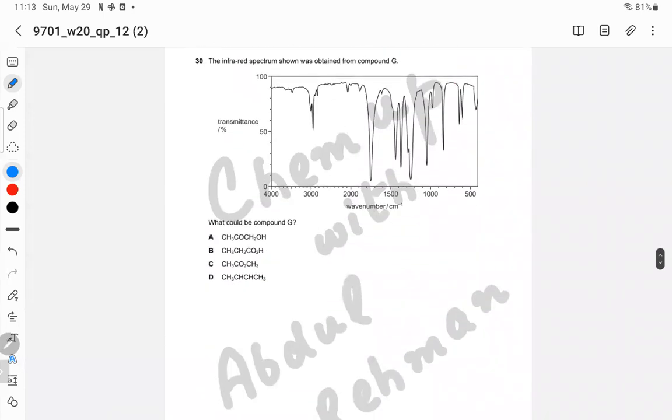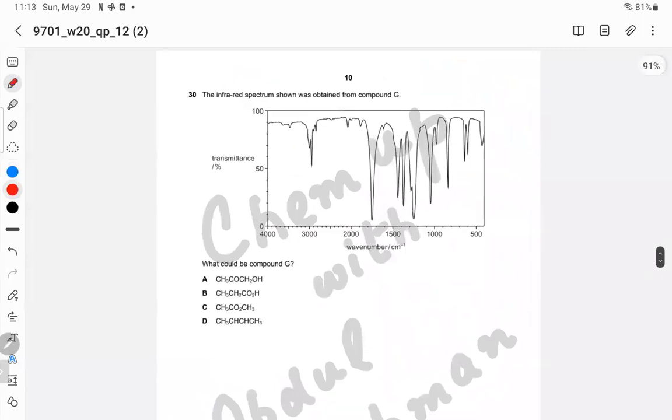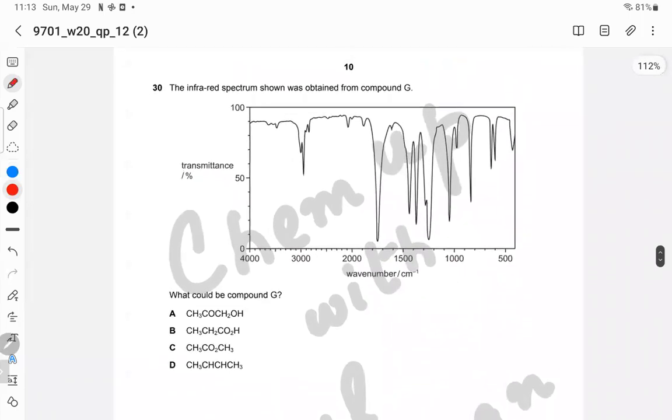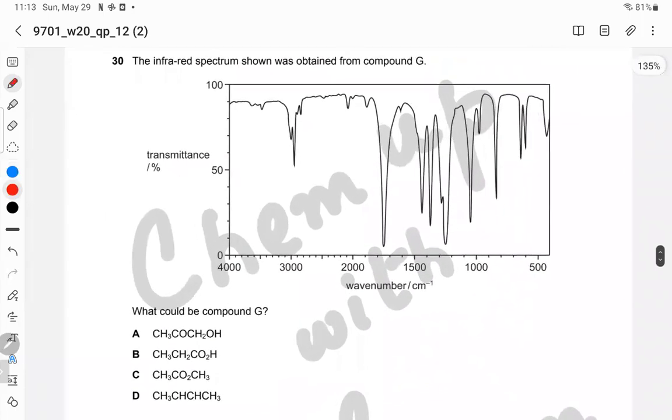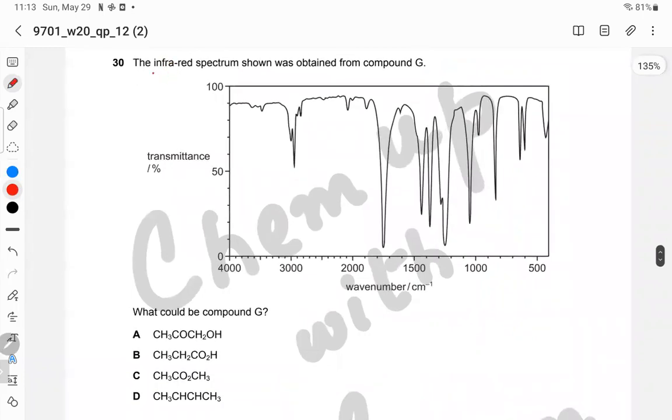Now question number 30. The infrared spectrum shown was obtained from compound G. Okay.